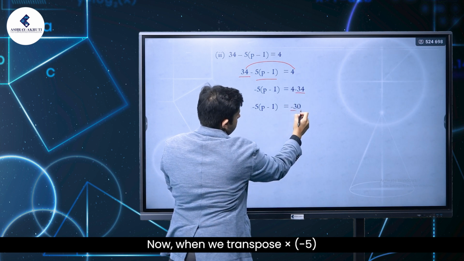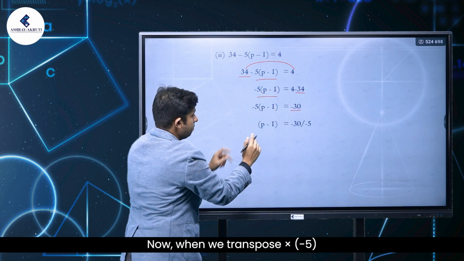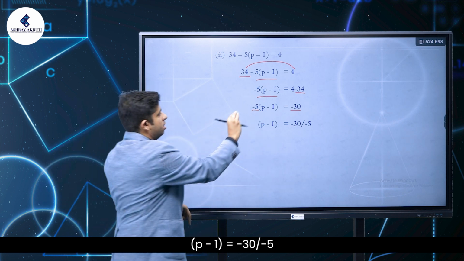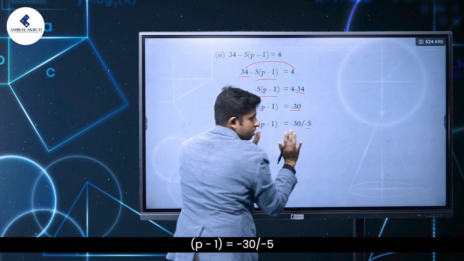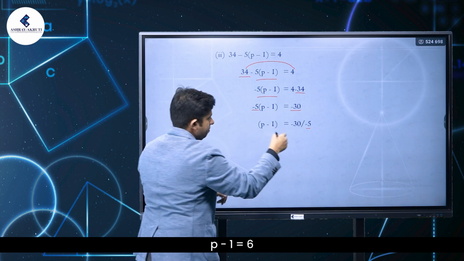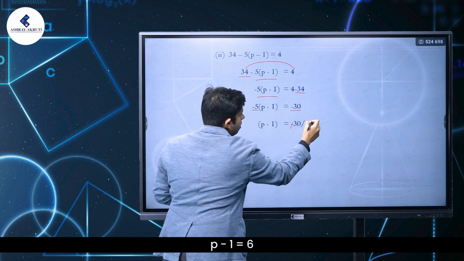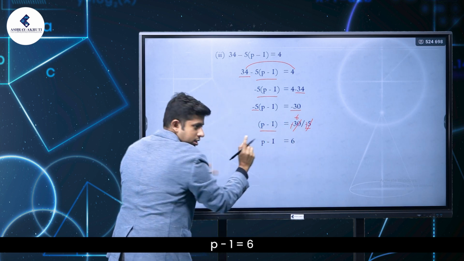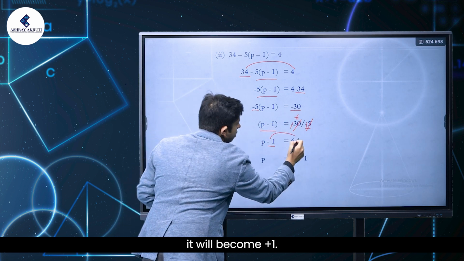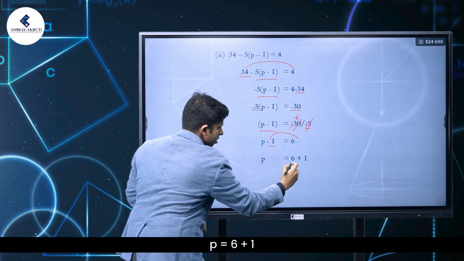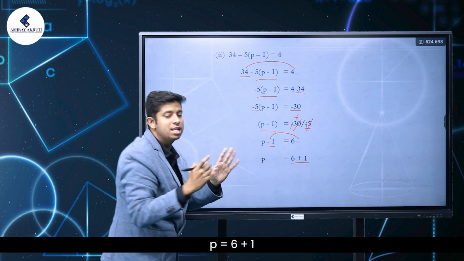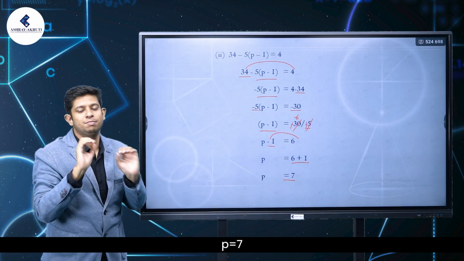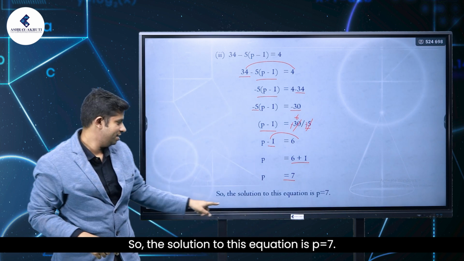Now when we transpose multiplication by -5, it will become division by -5. p - 1 = -30 by -5, p - 1 = 6. Now when we transpose -1, it will become +1. p = 6 + 1, p = 7. So the solution to this equation is p = 7.